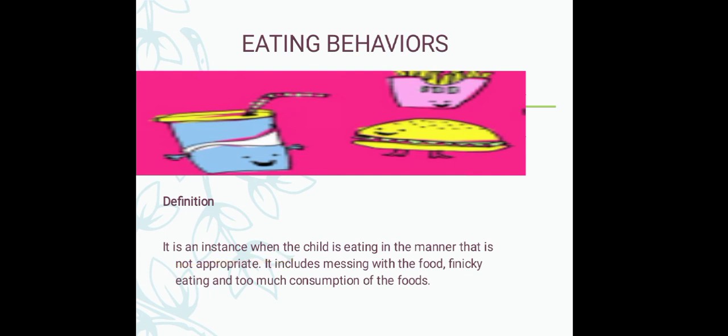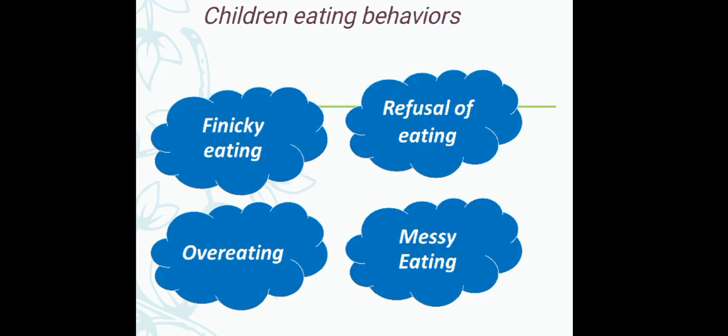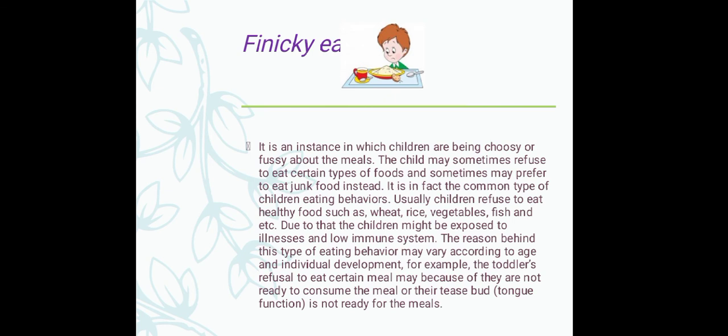Tabiat tak sesuai termasuk juga adalah menyepahkan makanan, terlalu memilih makanan, ambil makanan terlalu banyak melebihi daripada keperluan badan. Inilah panggil eating behavior. So, jenis-jenisnya ada 4. Finicky eating, refusal eating, overeating, messy eating. Okay, let us discuss one by one.